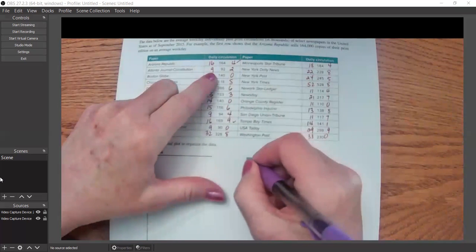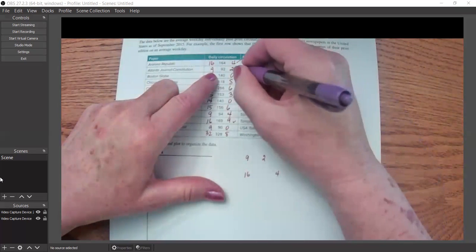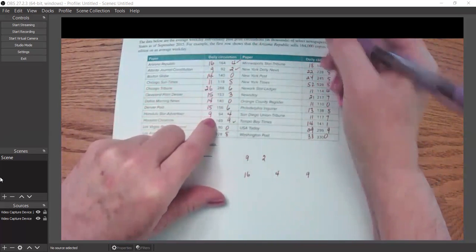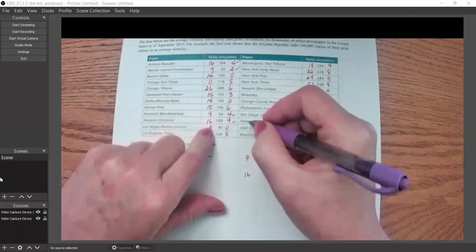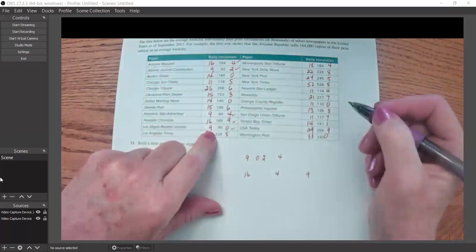So let's go to our 9s. Here I have a stem of 9 and a leaf of 2. And I'm going to look for my other stems of 9. Here's a stem of 9 and a leaf of 4. Here's a stem of 9 and a leaf of 0.